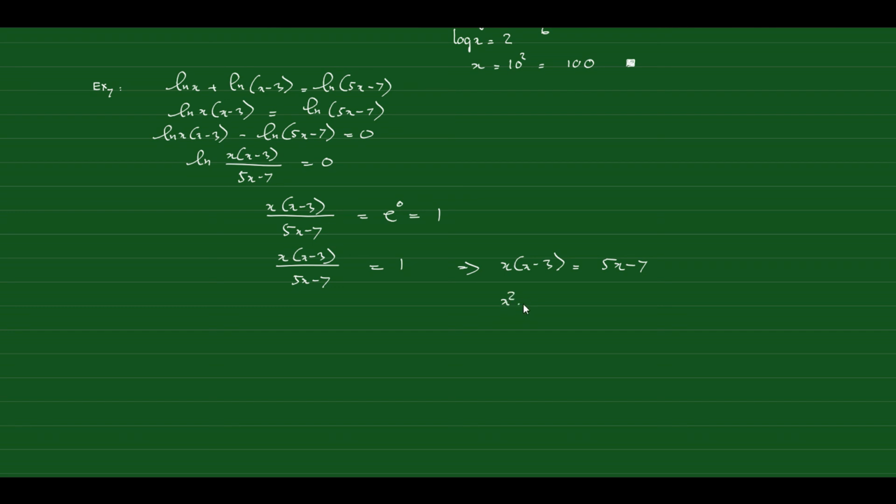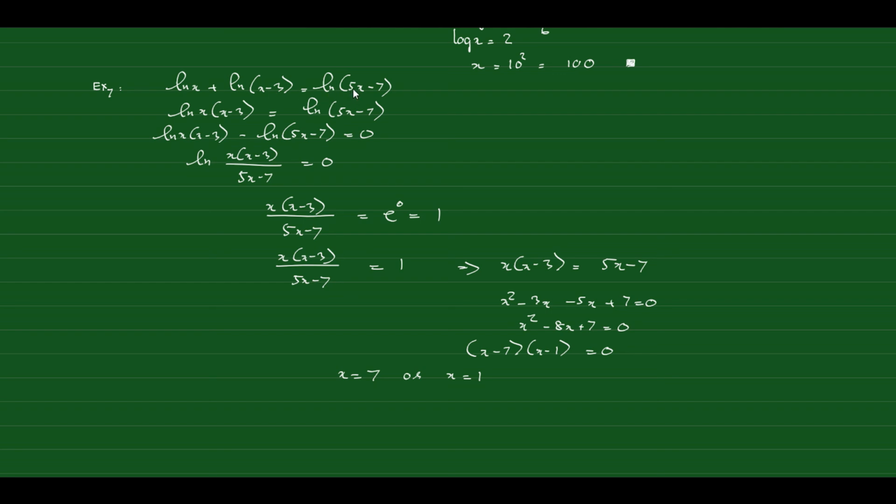Sure, so x squared minus 8x plus 7 equal to 0. And now you see that you can factor this easily. So x equal to 7 or x equal to 1. And you can plug over here and you see that 1 doesn't work.